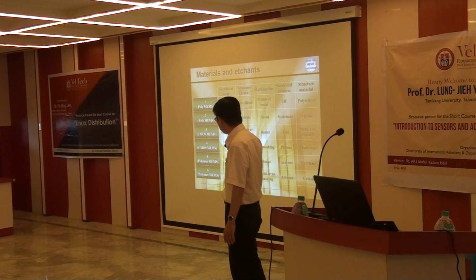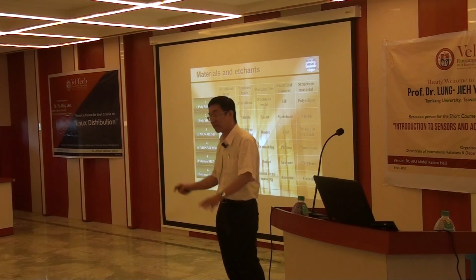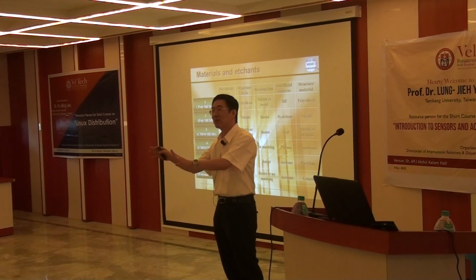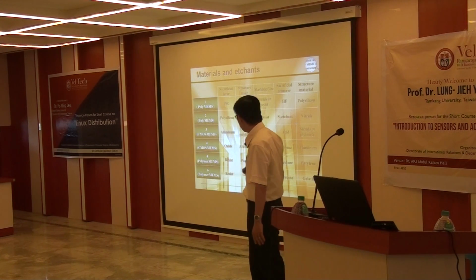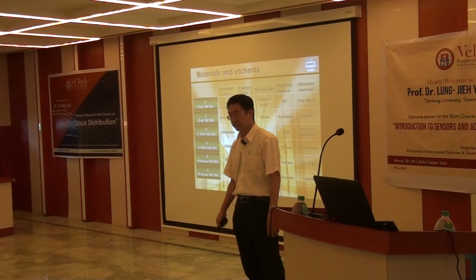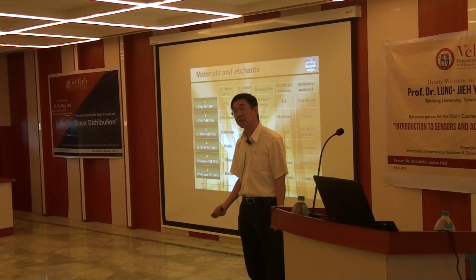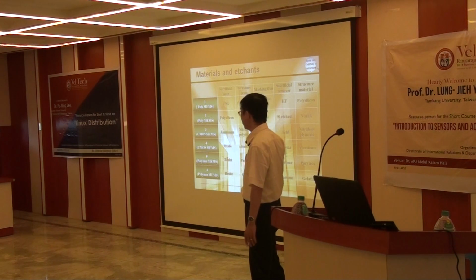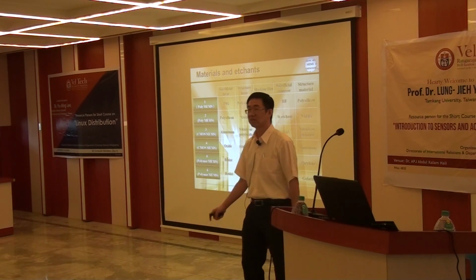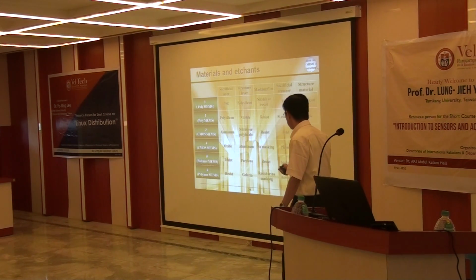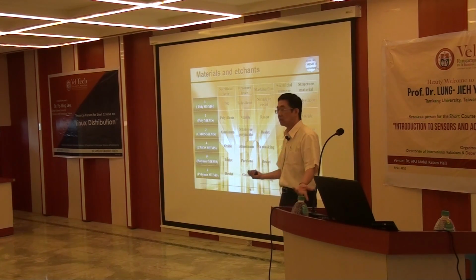Very easy. You do photolithography for the sacrificial layer, coat the parylene, then remove the photoresist with alcohol. Easy, right? You get a freestanding parylene structure. Very easy.